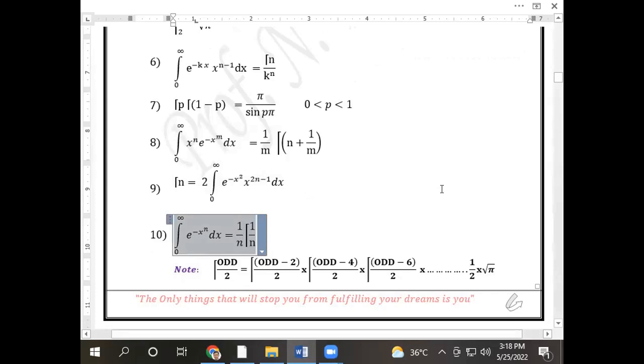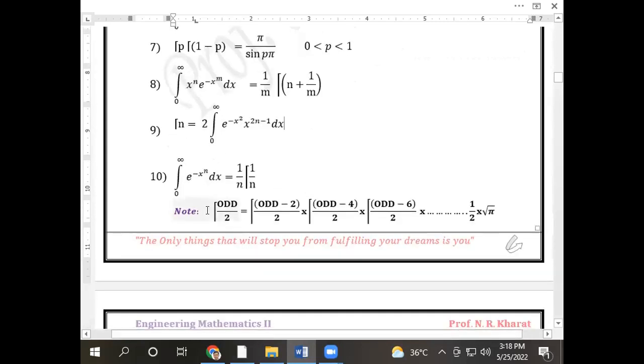This is the property. And one important note: if we have to find the value of gamma of some odd number upon 2, it can be found with the help of this simple formula. We have to subtract the even number from the odd number which is present here: odd upon 2, odd minus 2 divided by 2, odd minus 4 divided by 2, odd minus 6 divided by 2, up to we get 1/2.